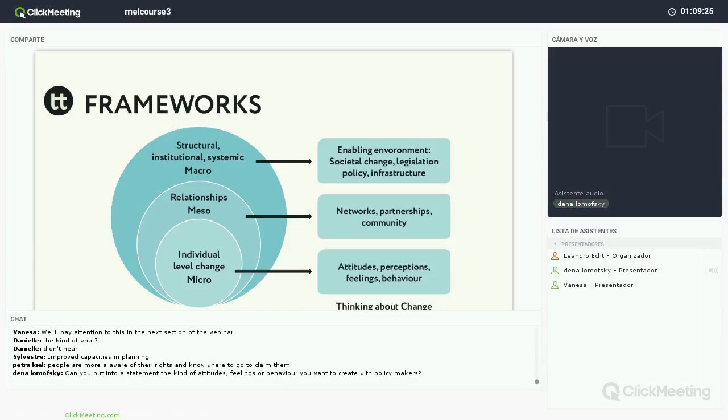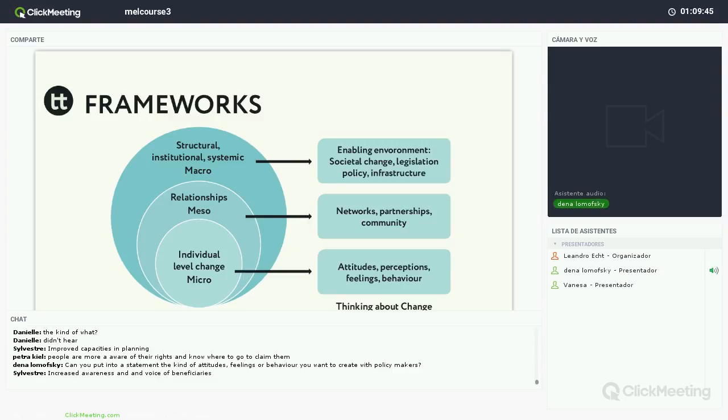Yes. People are more aware of their rights and know where to claim them. Petra is sharing some more.